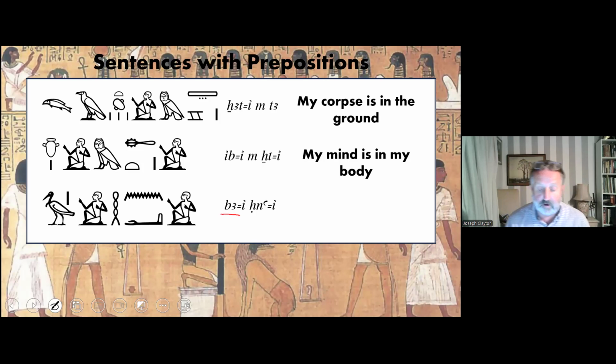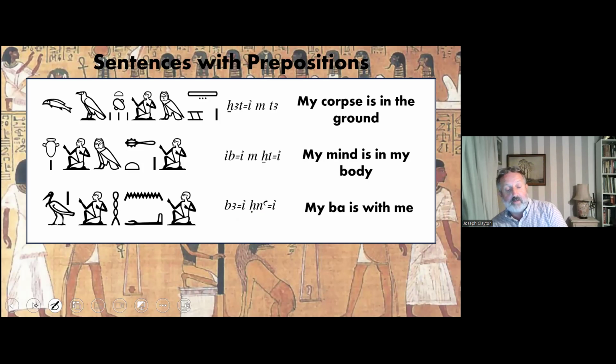Yeah, so then we've got bar e, so my bar, then we've got henna equals e, so my bar with me. Okay, so my bar with accompanying me, so my bar is with me. And then you carry on and say, like, I am an excellent spirit. So this is just basically what you say when you're dead and all the rituals have been done properly.